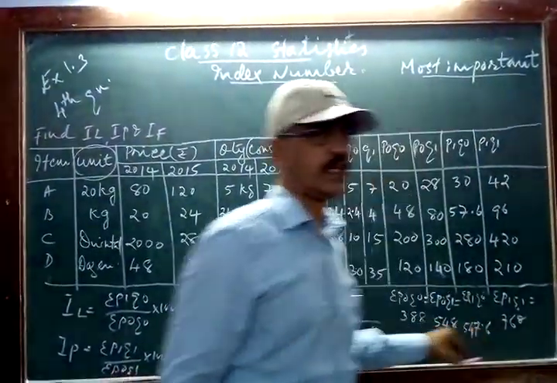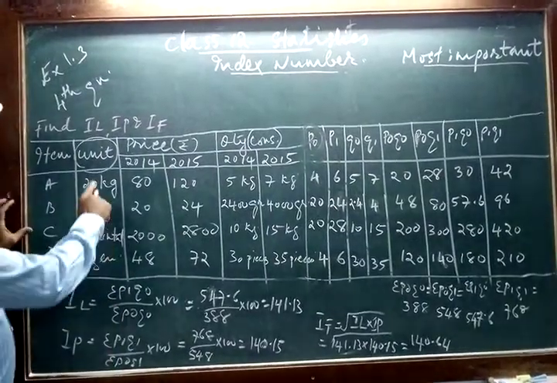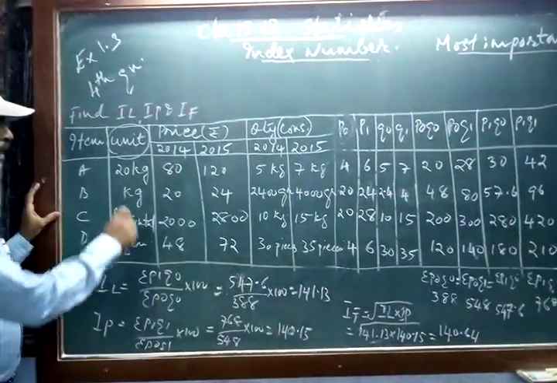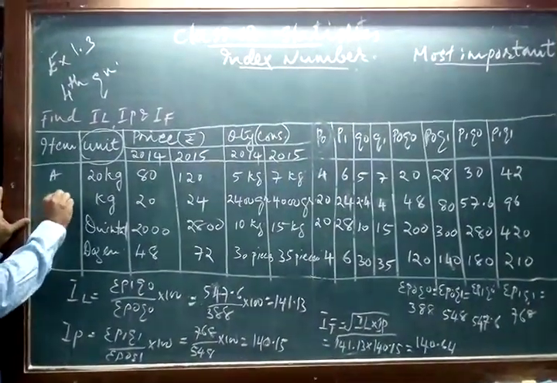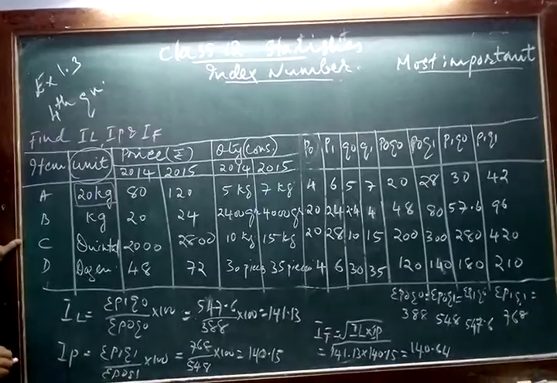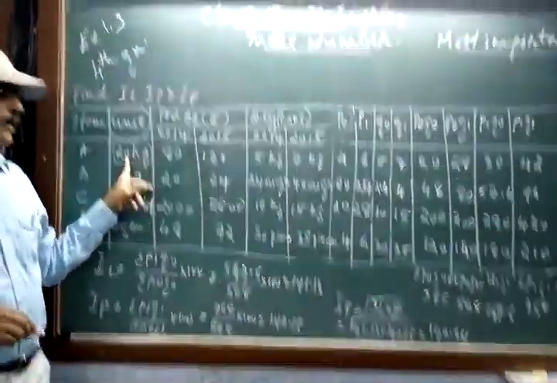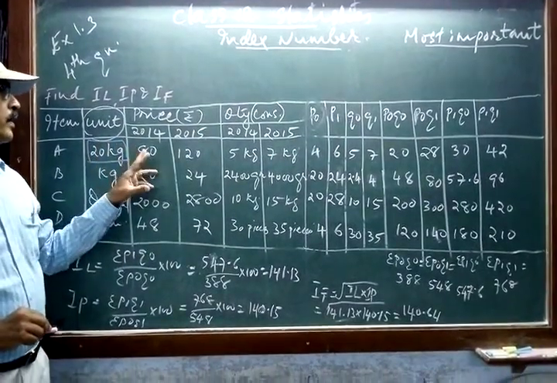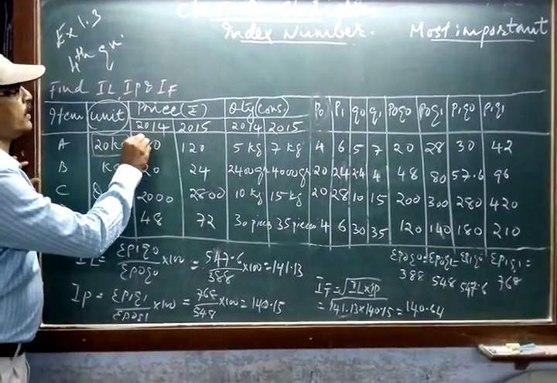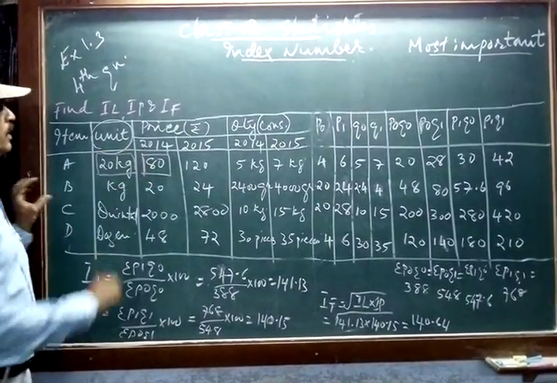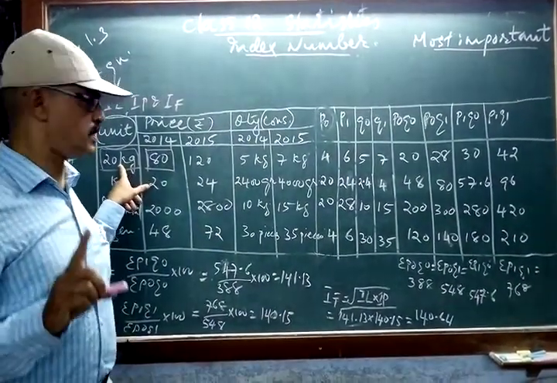When a unit is attached, you have to see the price in connection with the unit. Here, when you take item A, 20 kilogram is the unit. That means if you buy a 20 kilogram packet, the price in 2014 is 80 rupees. This 80 rupees is for 20 kg and not for 1 kg.